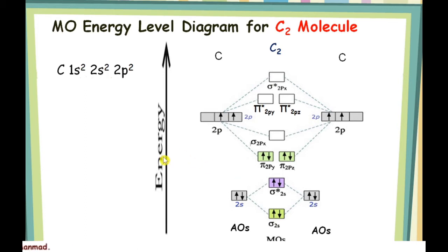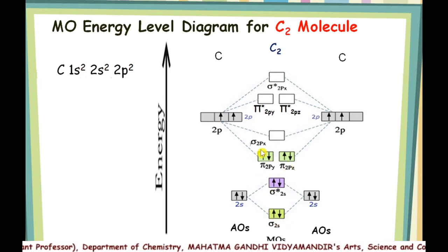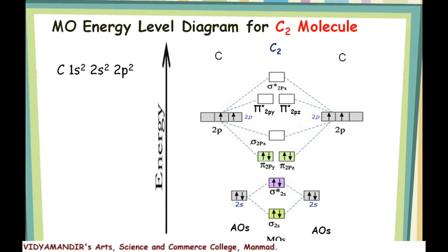While writing the molecular orbital electronic configuration of the C2 molecule, for the 1s2 electrons of each carbon atom, a letter K is written. The remaining 8 electrons are filled into the molecular orbitals by following the Aufbau principle and Hund's rule of maximum spin multiplicity.